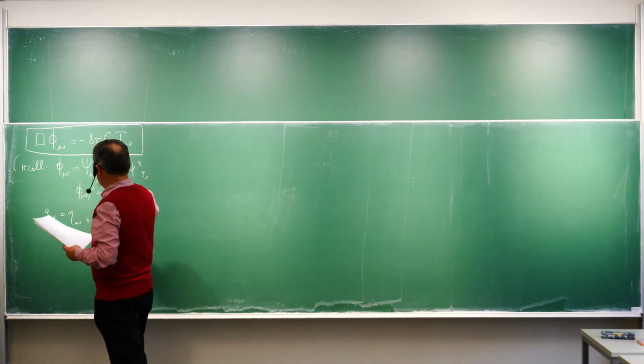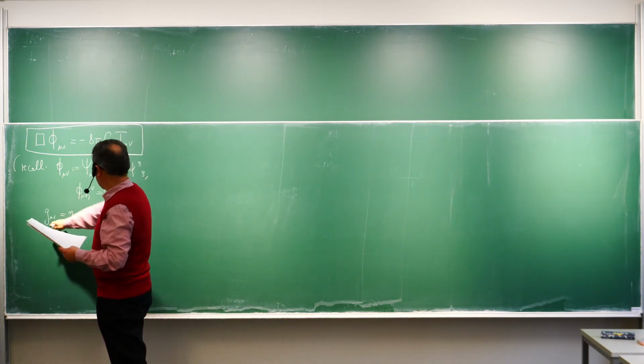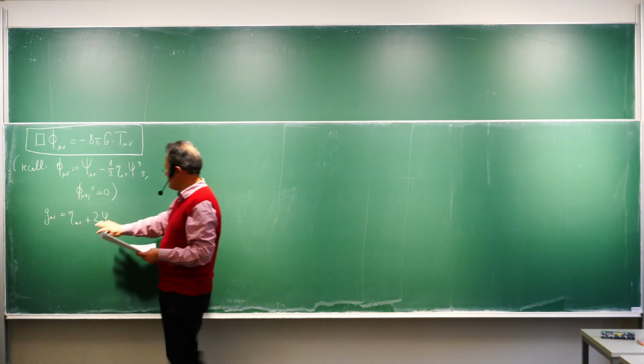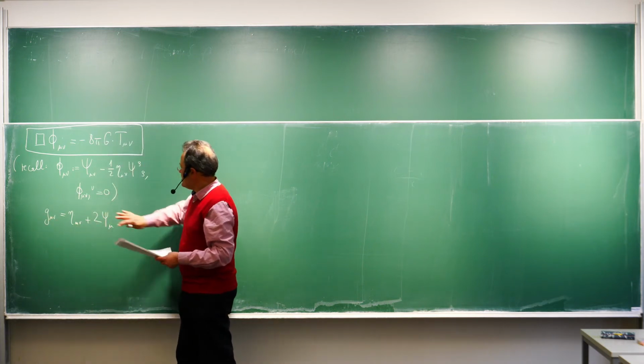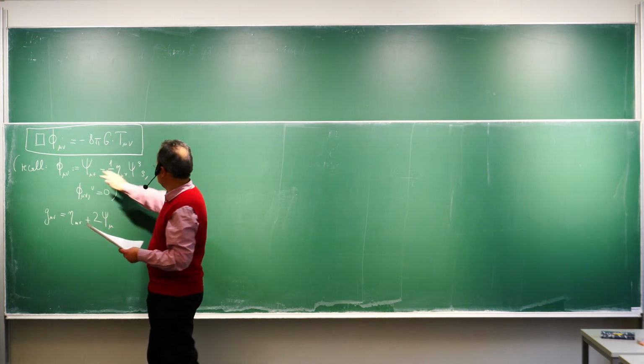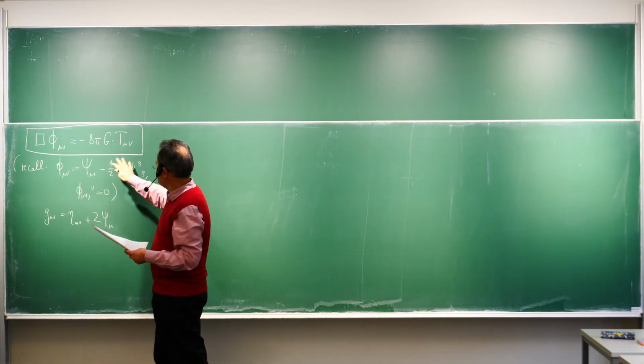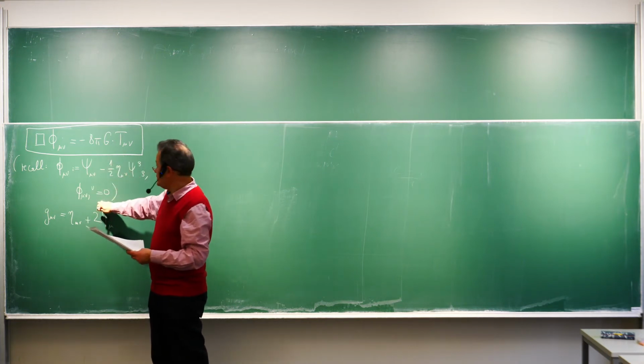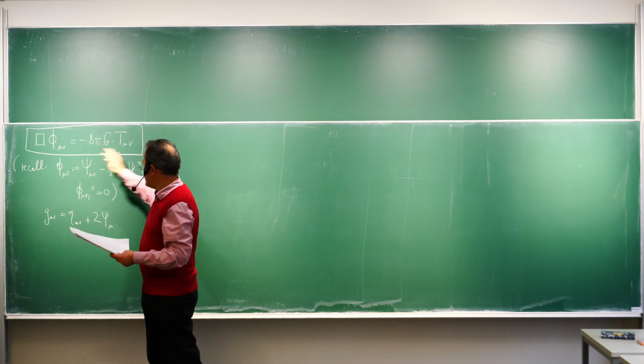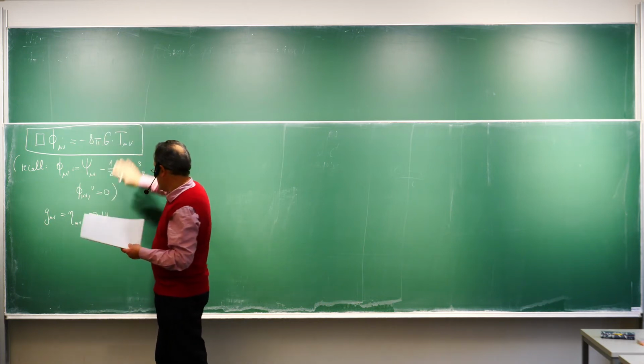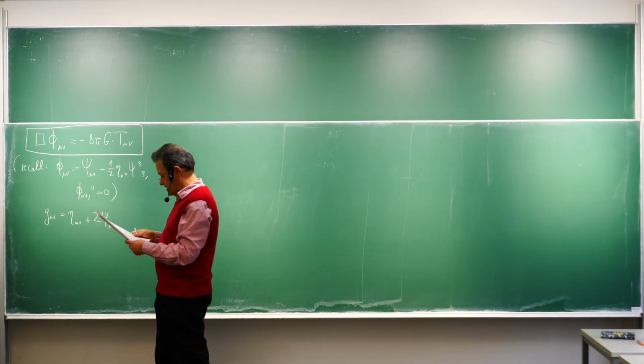Phi is the rescaled perturbation of the metric. I mean, the metric is close to the flat metric. There's a small perturbation psi, and this phi is a redefined version obeying the harmonic condition such that this equation is simple. No? Otherwise, you would have here a more complicated term.